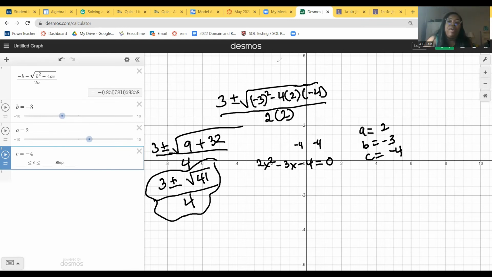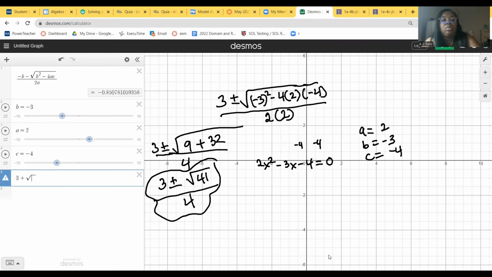And then you could verify that. If you do have it in Desmos, again, I always recommend using Desmos to check. You could do 3 plus the square root of 41 divided by 4 and see if you end up with that same thing. I didn't, but that's because I have the plus first.